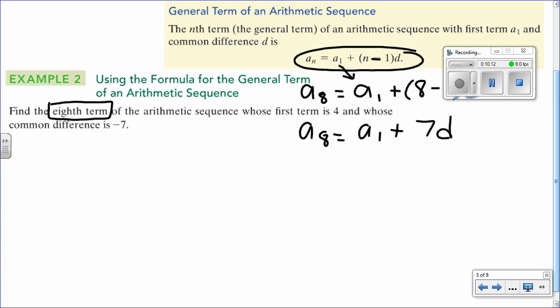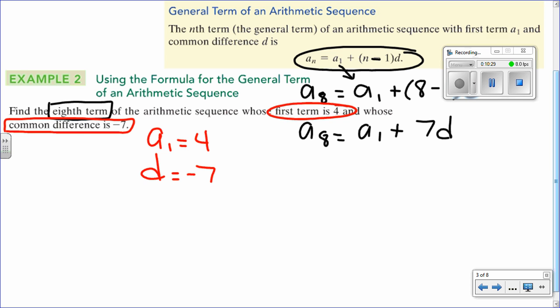So find the eighth term of an arithmetic sequence whose first term is 4. So we have a sub 1 is 4. And then it says here the common difference is negative 7. So d is negative 7.